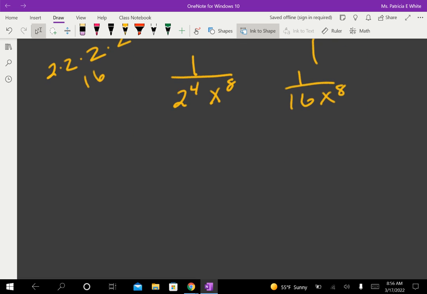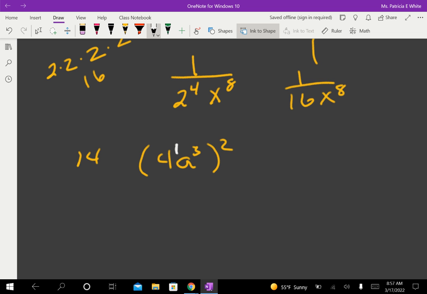Okay? All right, 14. I have 4a to the 3rd, to the 2nd. Again, this 3 has nothing to do with this 4. When it comes to that, 4 has its own exponent of 1.